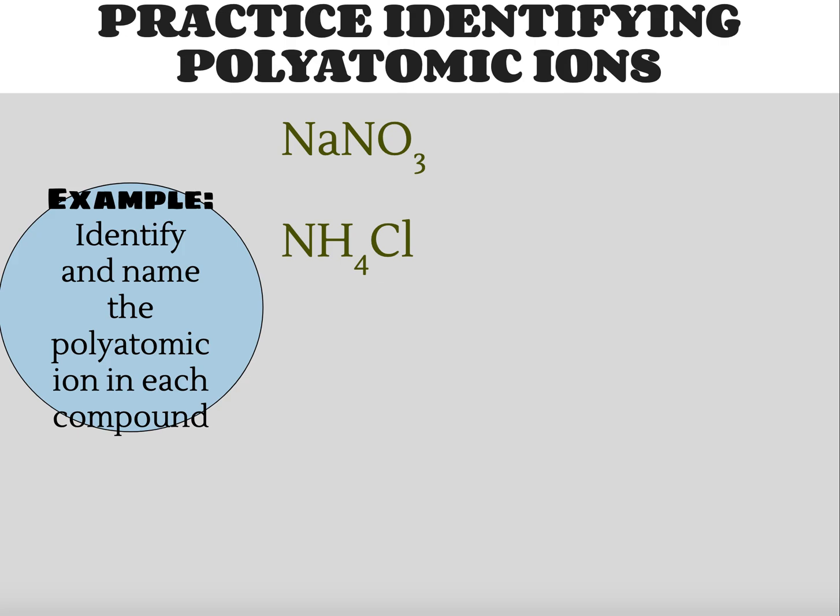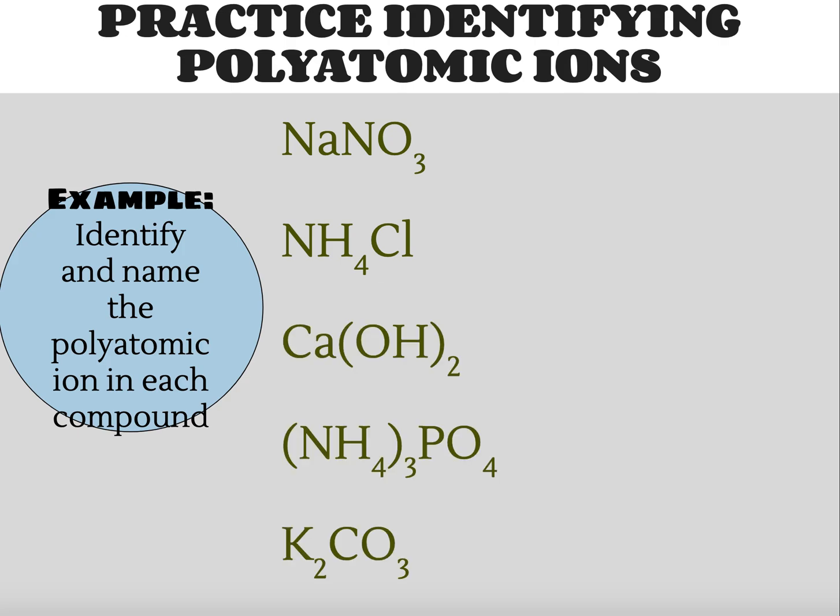So one of the things that you're going to have to be able to do that's going to be important is, given a formula, identify the polyatomic ions. And the reason this is going to be important, especially when we get to naming, is if there is a polyatomic ion present, it changes how we name the compound.